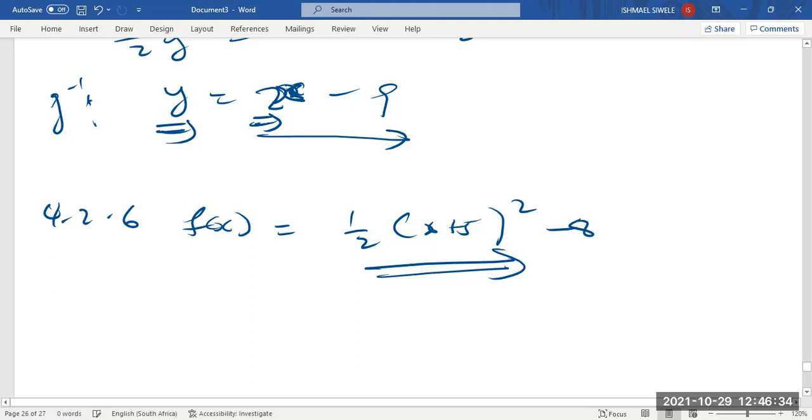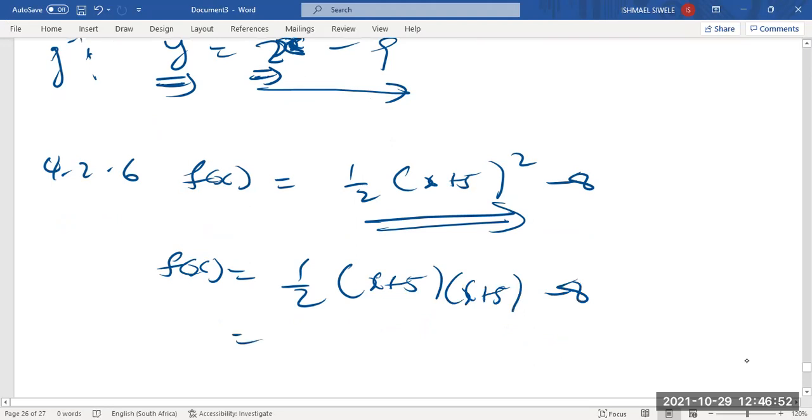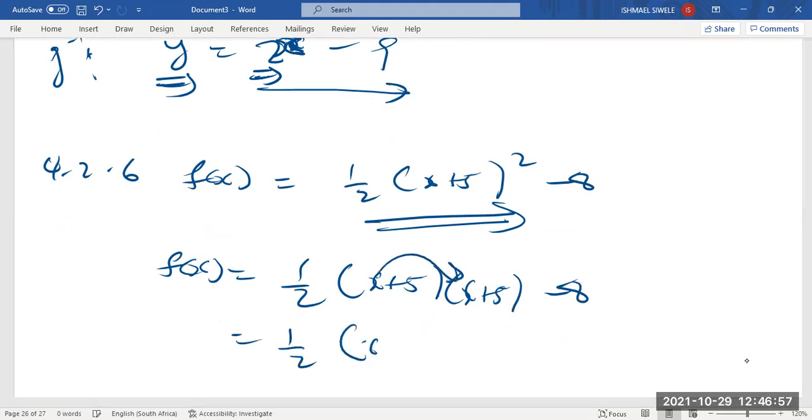So we can't derive it as is, we have to first make it be in a form that is derivable. So 1/2 here, and then I have x plus 5, another x plus 5. Then I'm going to have 1/2 x multiplied by x, this is x squared.